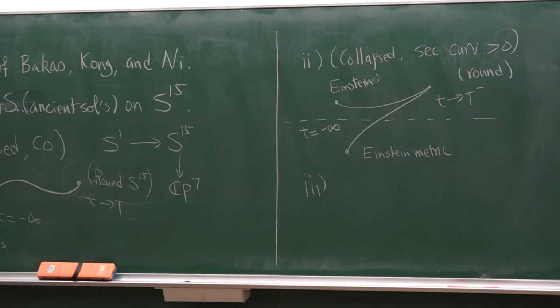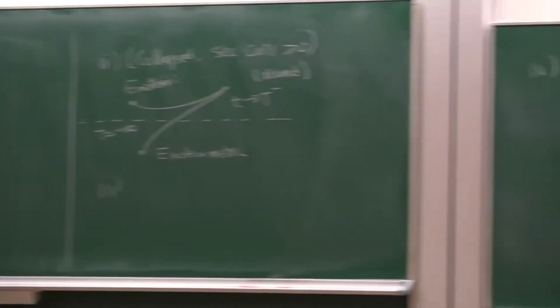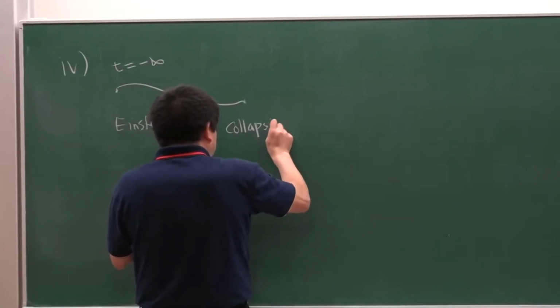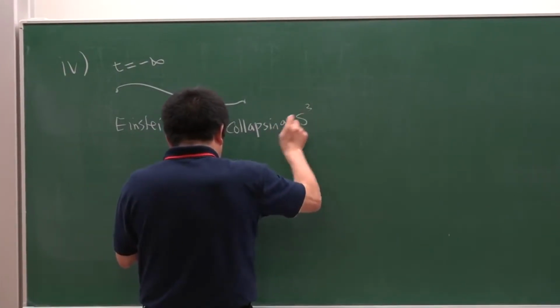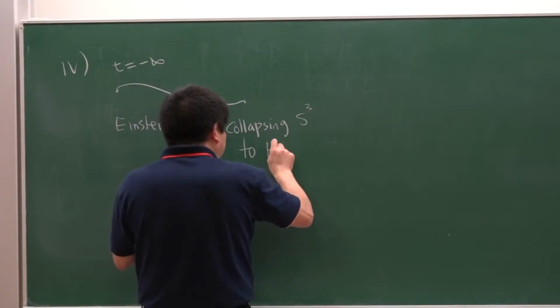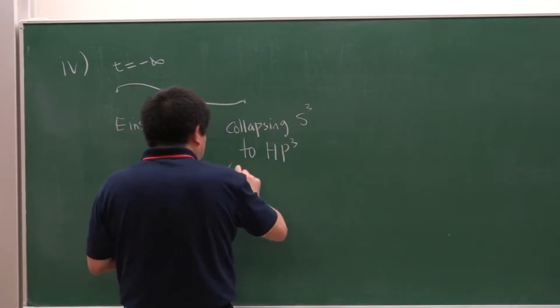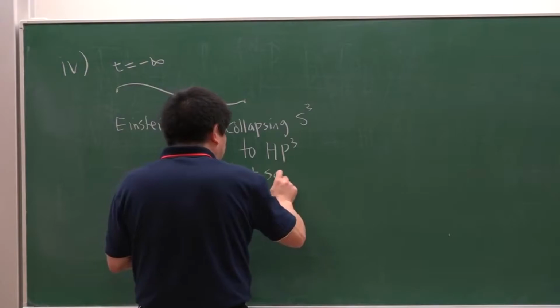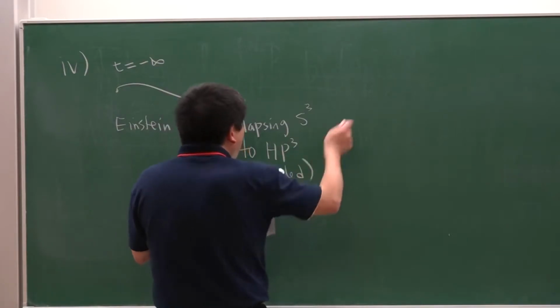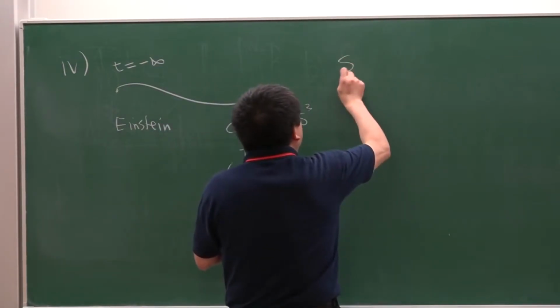This is t equal to minus infinity. Here you go to, and so the picture is like the following.